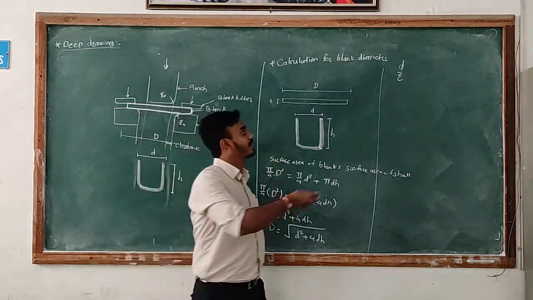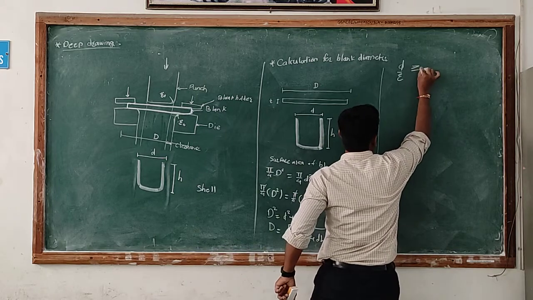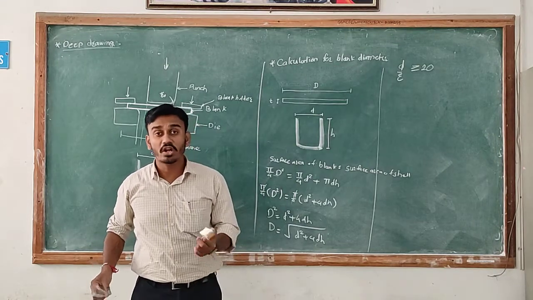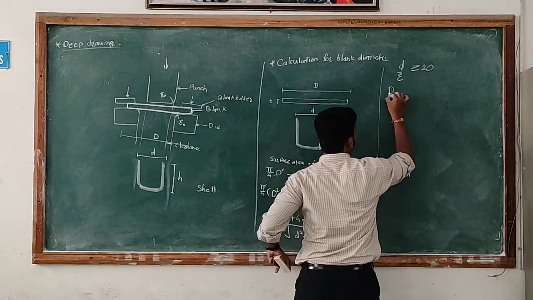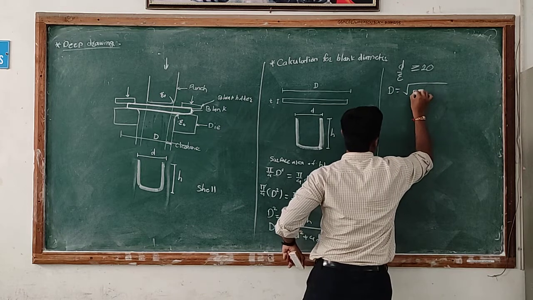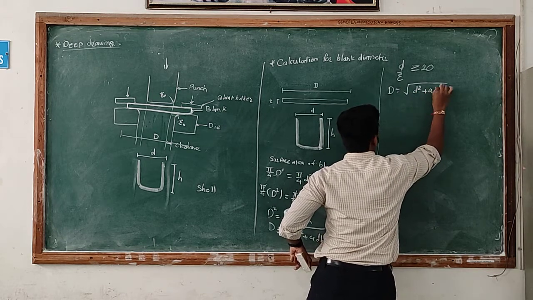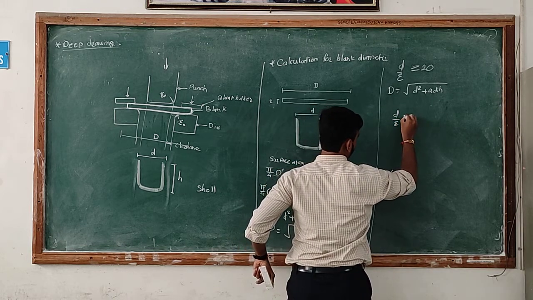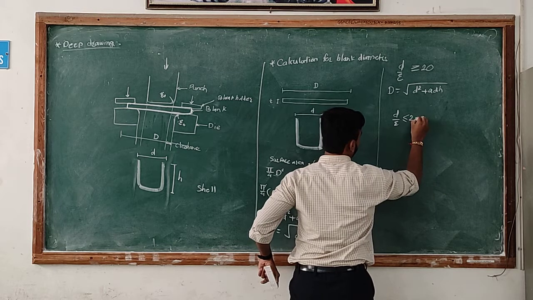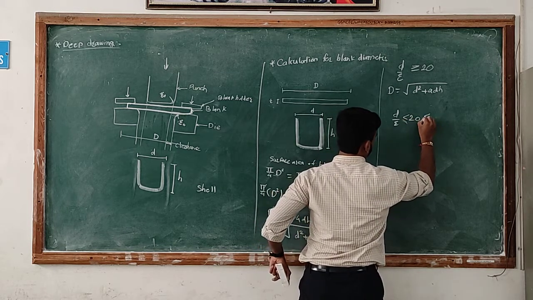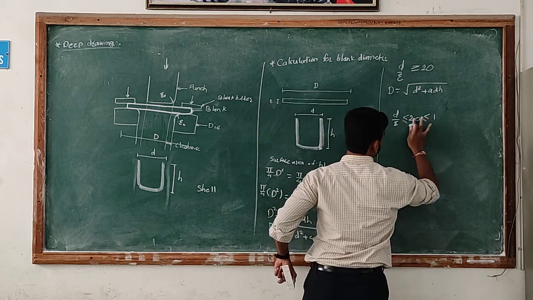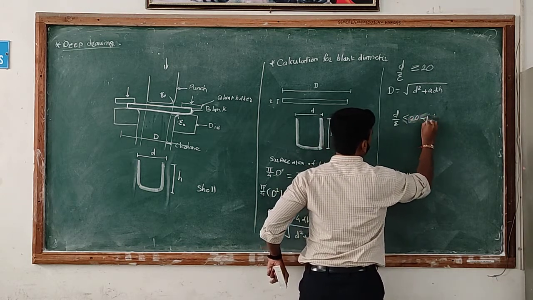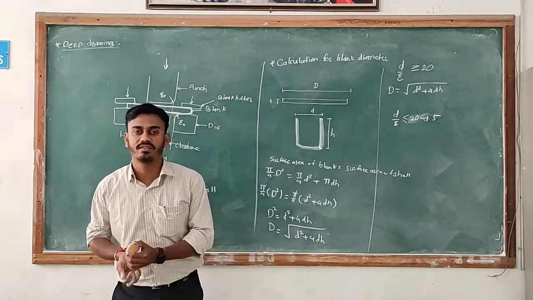If this ratio is greater than or equal to 20, then we use the formula capital D equals the square root of d square plus 4dh. If this d by r ratio is less than 20, meaning the value remains between 20 to 50.